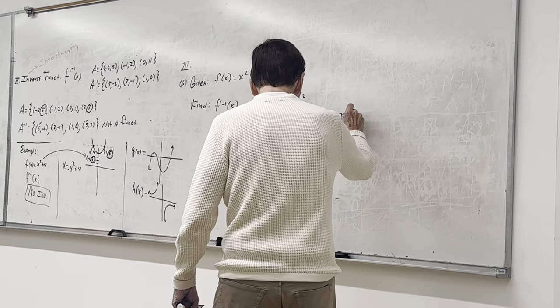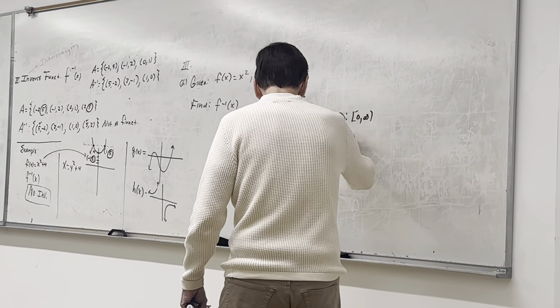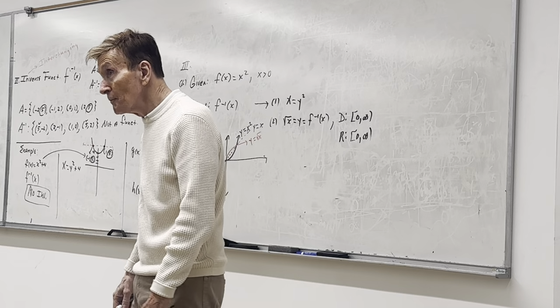Hang on now. And what would you say the range, since I'm talking about the red one, what's the range on the red one, the up and down? 0 through infinity, not too exciting. And if I turn those around, it's still not exciting. That should be the domain and range of the original, the black one.